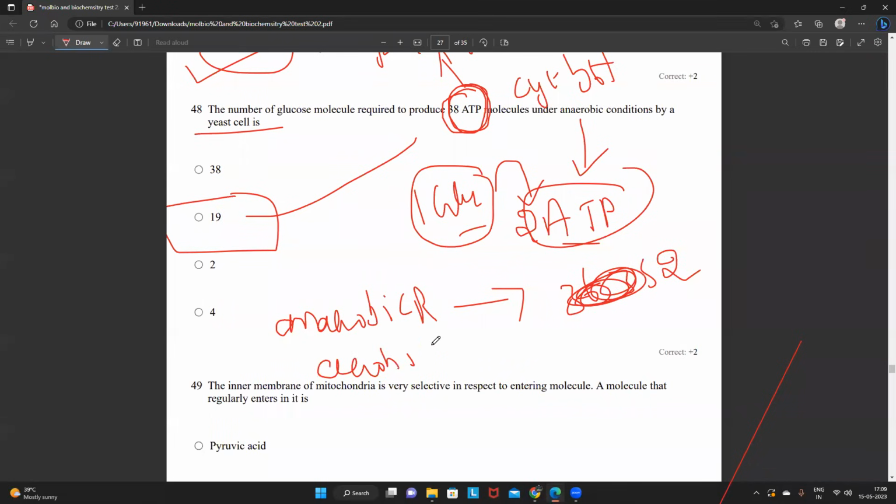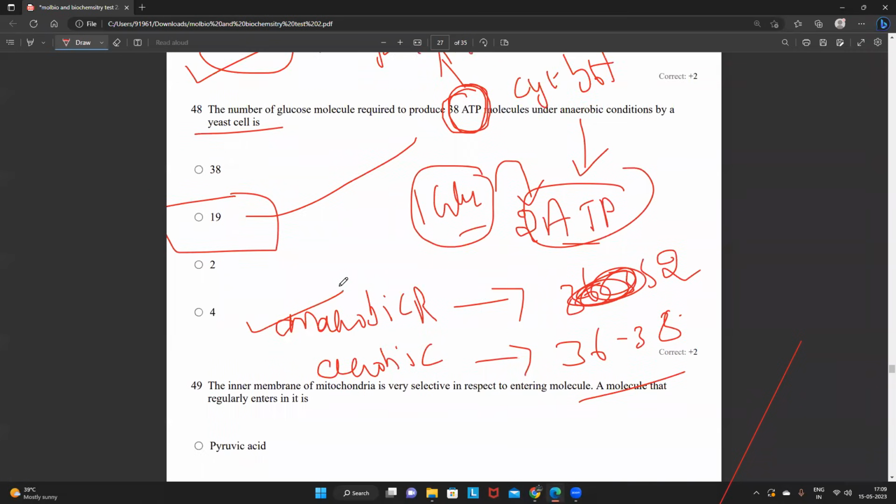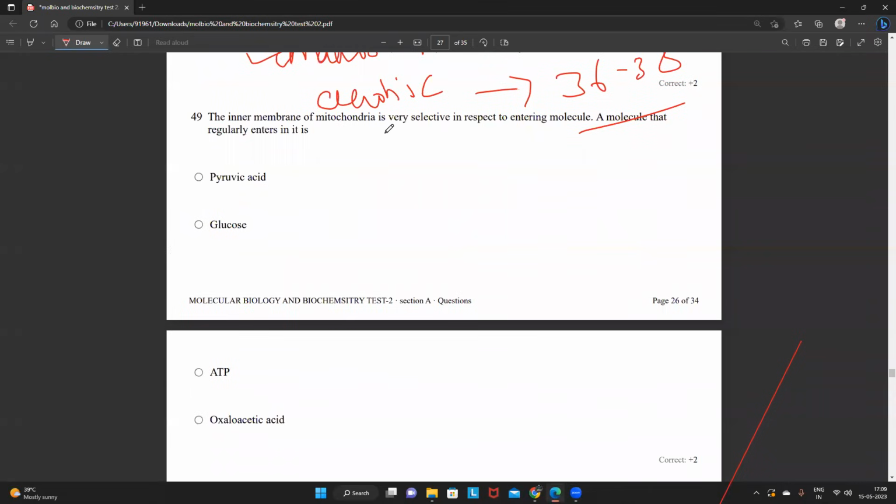In aerobic respiration, we get 36 to 38 molecules of ATP. Always remember. Now they're asking only about anaerobic respiration. So the answer is 15.